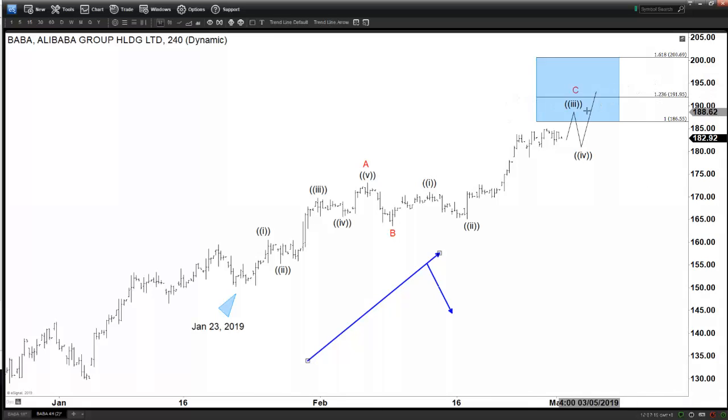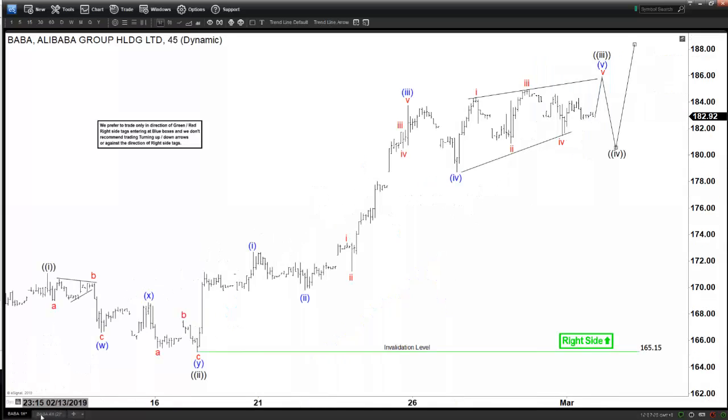Now the alternate that can happen is that we have ended with 3 here and this is 4, and we are now already in the wave 5 to the upside. It is possible.